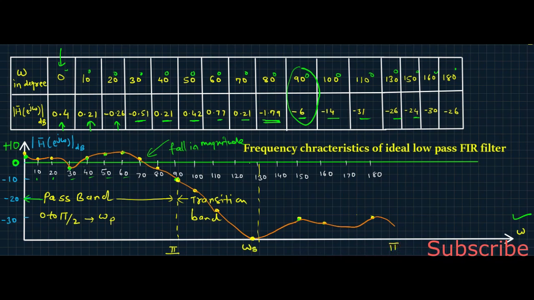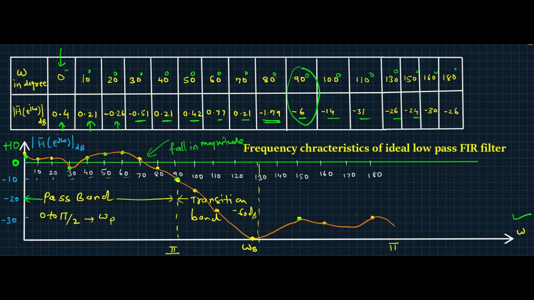So this is not the ideal case. There is a monotonic decrease in the magnitude response, and the filter should not allow these frequencies, but there is some transition. Instead of a sharp fall, there is a monotonous fall, and that fall is called minus 60 dB fall in the magnitude of frequency response.